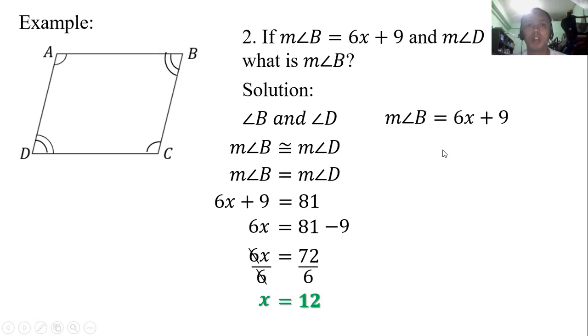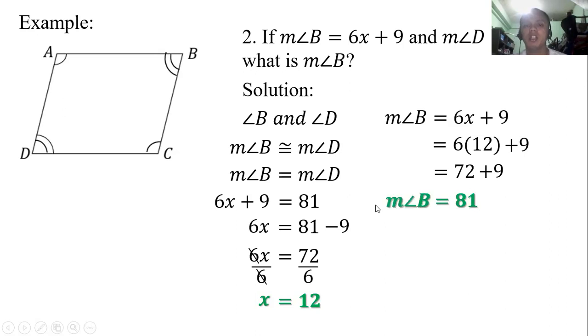Substitute your x to 12. Then we have 6 times 12 plus 9. 6 times 12 is equal to 72 plus 9 is equal to 81. That is your measure of angle B. See? Measure of angle D is 81. Parehas lang sila because they are congruent.